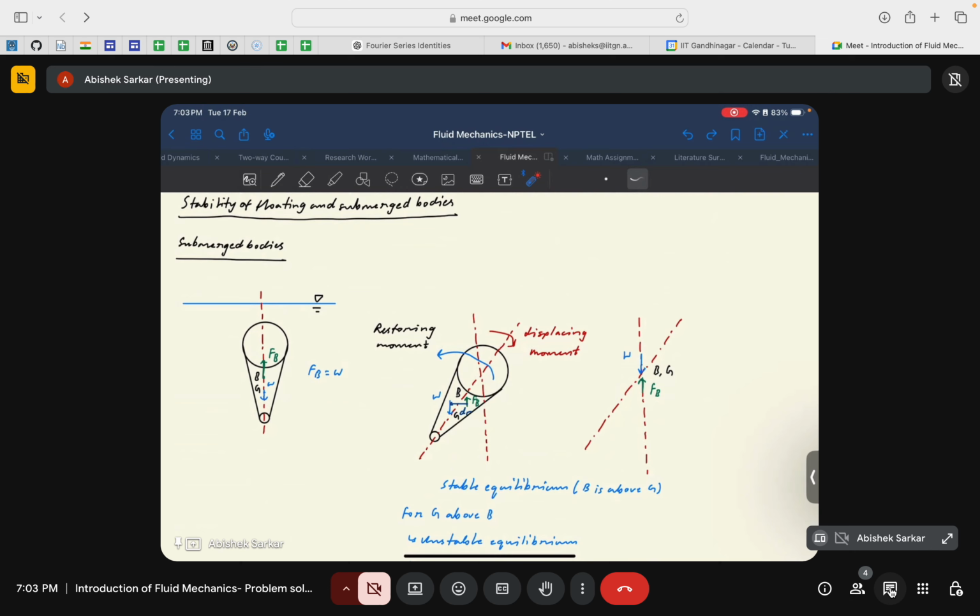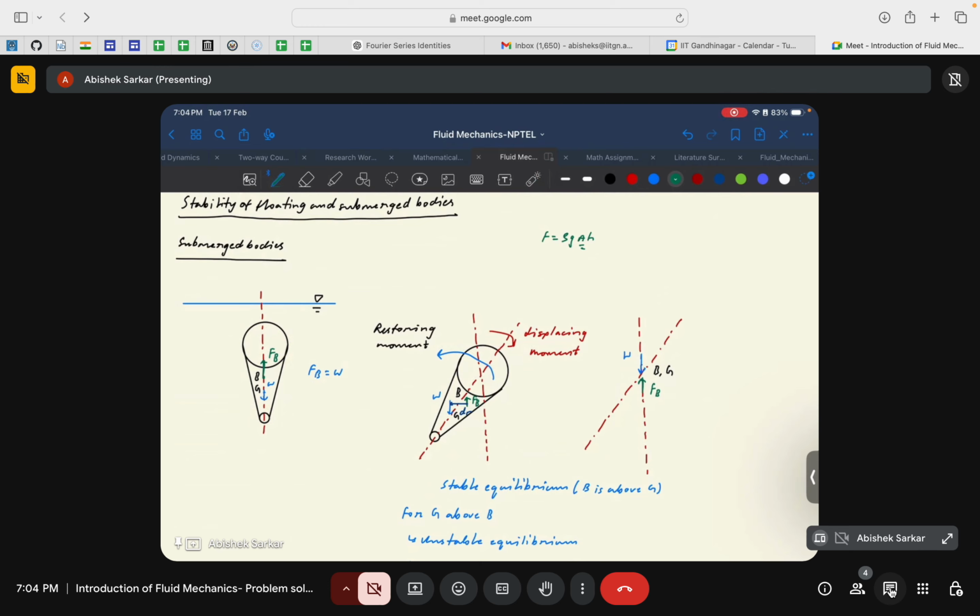But the upper part has a larger area, and of course the weight of this upper part is lower than the weight of the lower part, or in specific terms, the density of the upper part is lower than the density of this region, okay. Since the buoyant force depends on, if you remember, F is rho g a h, and it depends on area, the higher the area, the larger will be the buoyant force, okay.